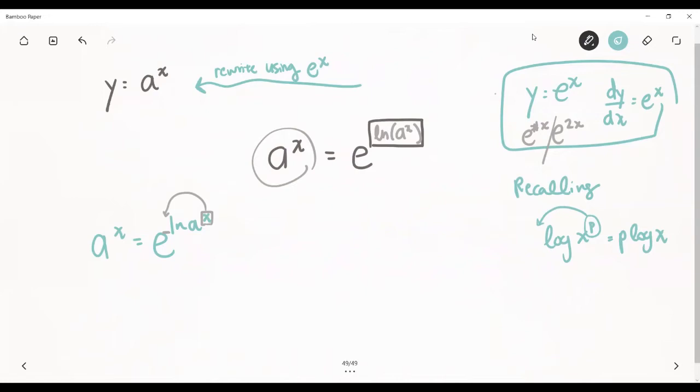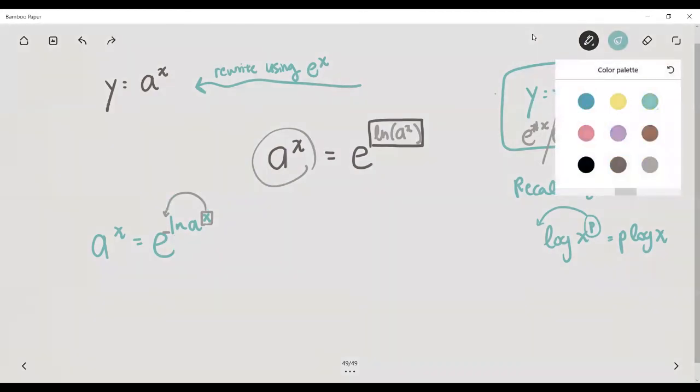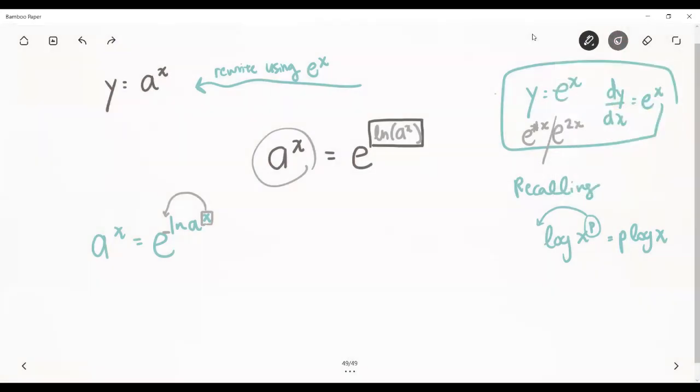They can come onto the ground where we can play with them. And so the fact that we have a log here means that this exponent can come down in front like that. And so if we rewrite it, we have a to the x is the same thing as e to the x natural log of a.